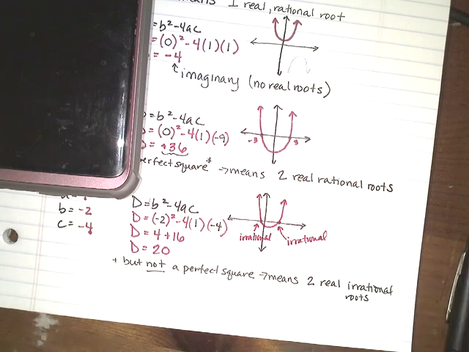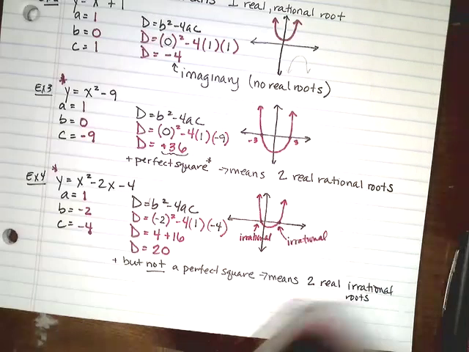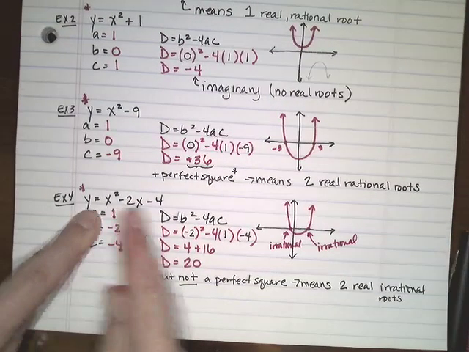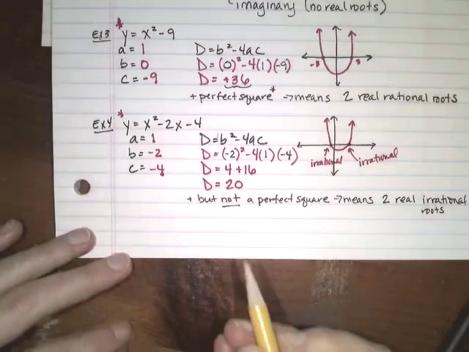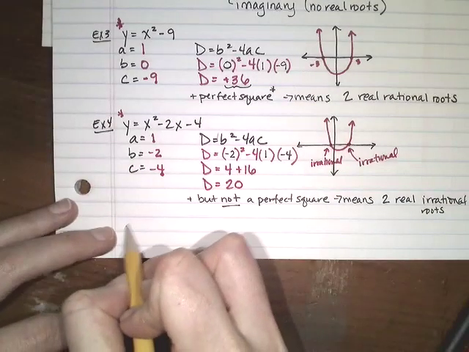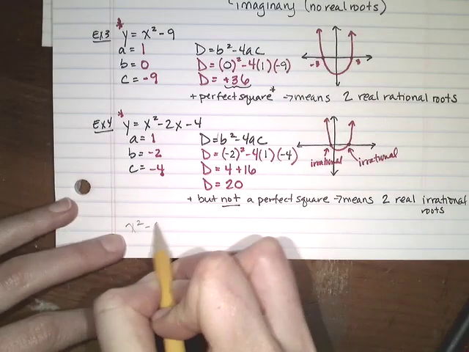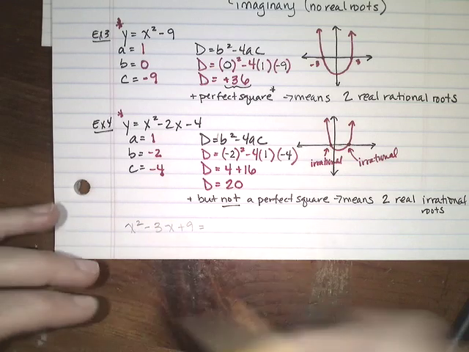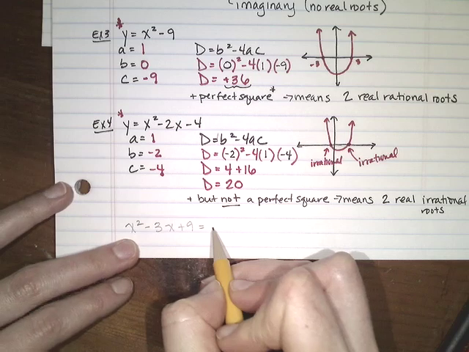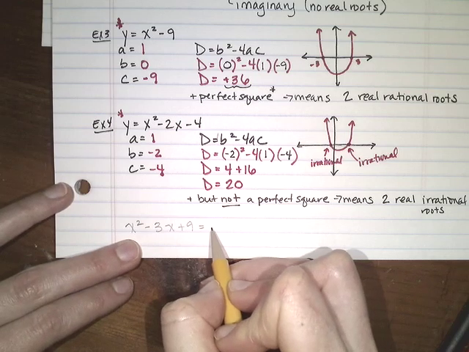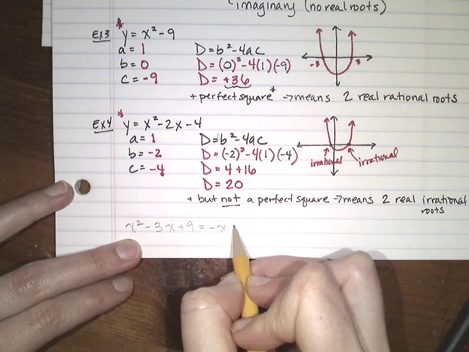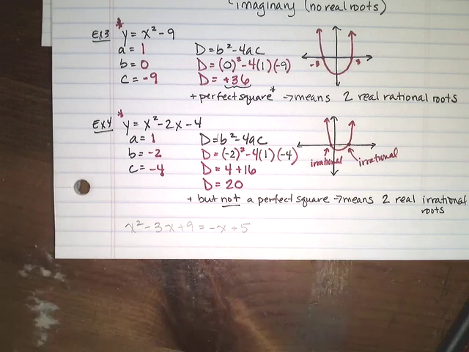Okay? So again, before we can pull the values for A, B, and C, I just want to quickly reiterate that we have to get everything to one side. So, for example, if you have x squared minus 3x plus 9 equals, oh, I don't know, minus x plus 5, right?